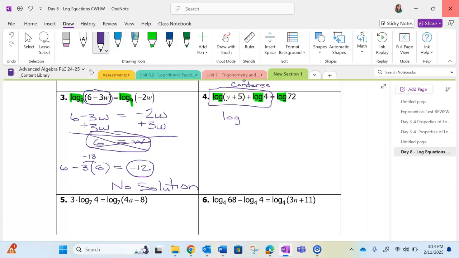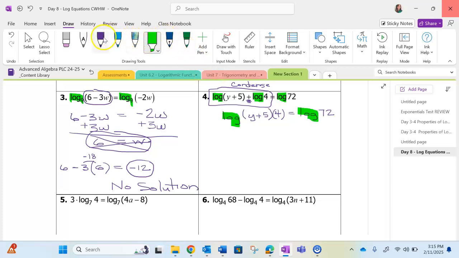Base 10 is invisible. And I'm going to put these two together because this plus sign that's right here means multiply the two arguments. So y plus 5 times 4 equals, and I don't have to do anything on this side, log of 72. Now look, I have 1 log and 1 log.